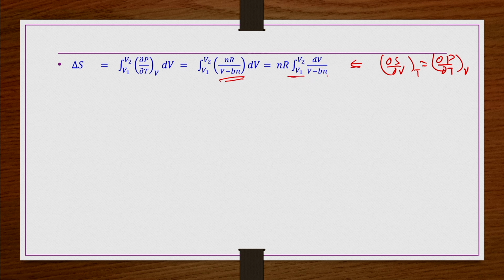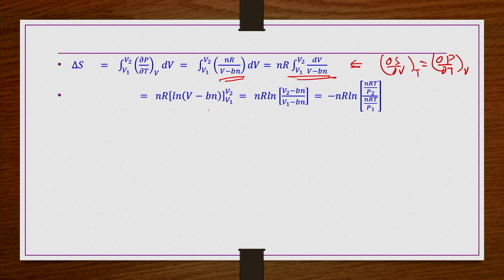Now, integrate this equation. So, you will get ln(V minus Bn), with V changing from V1 to V2, they are not given. So, this equation we are having. So, that means ΔS is minus nR ln(P1/P2).